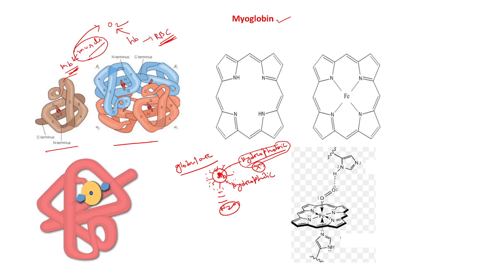Now look at the structure of the myoglobin. The myoglobin is divided into 8 helical structures.